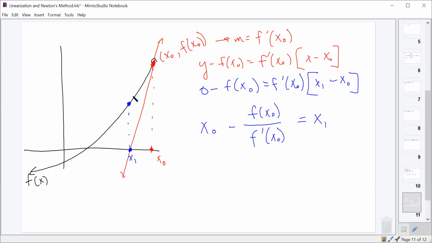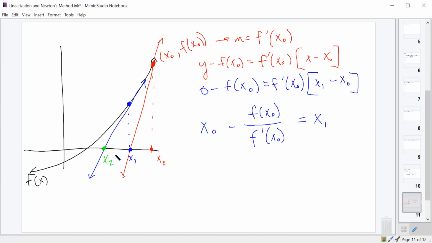Could I find x1 comma f of x1? And does it have a tangent line? And could I write the equation of that tangent line? Yes. And could I use the equation of that tangent line to find the x-intercept of that tangent line? Yeah. And could I call it x2? Sure, I think I sure could, right?